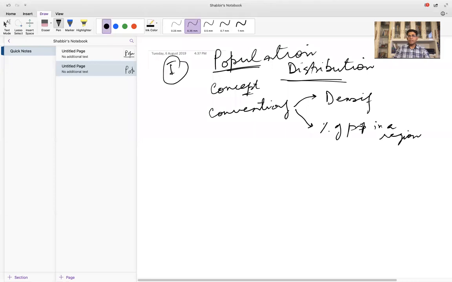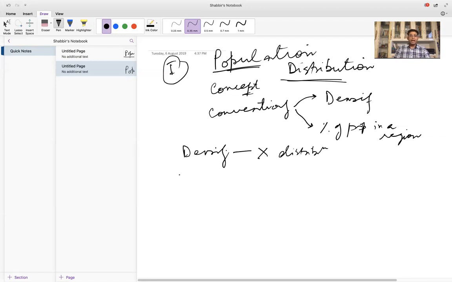In terms of density and in terms of percentage of population in a region. Now, if you're looking at density, if I'm studying density, density is actually not a measure of distribution.